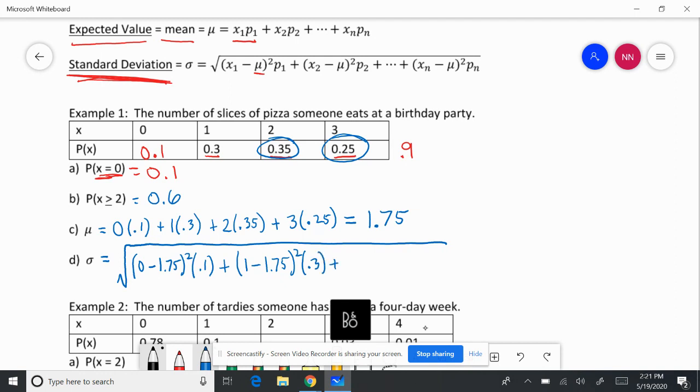Then I take the next one, which is 2 minus 1.75, square it, I times it by its probability. Then I take my last one. I subtract it from the mean, I square it, I times it by its probability. I'm going to take this long equation, plug it into my calculator, and I get the answer 0.942.